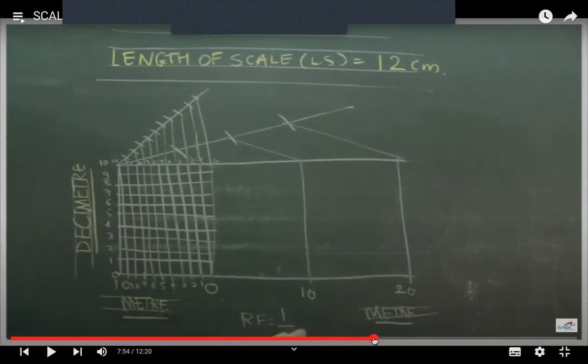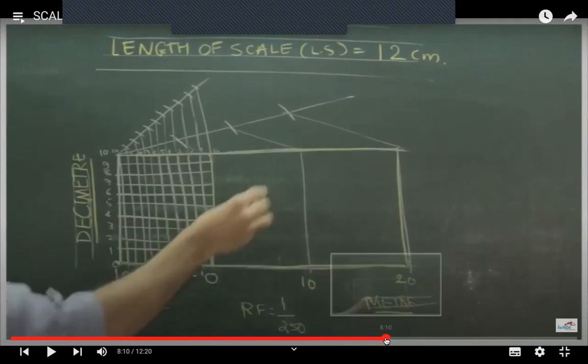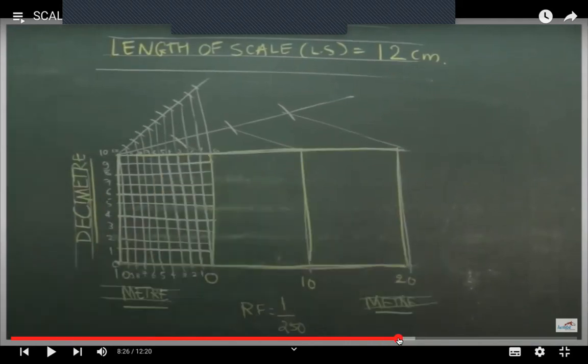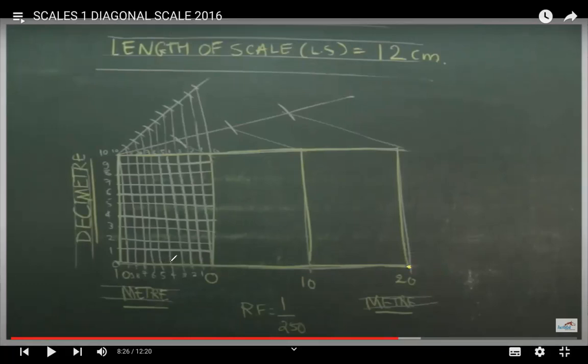After doing this, now we have to mark 24.8. Because here I will show you 24.8. So this is 24. 1, 2, 3, 4, 5, 6, 7, 8.